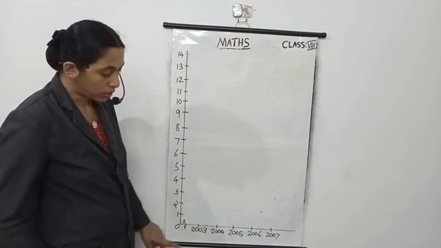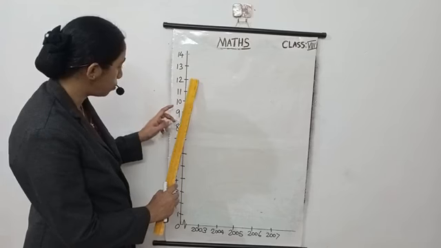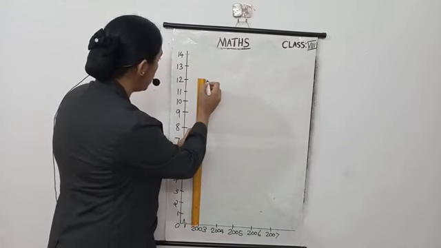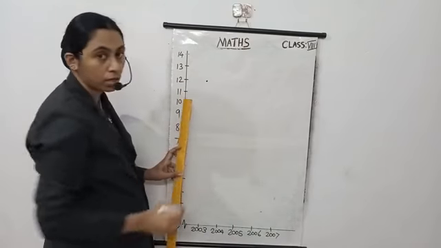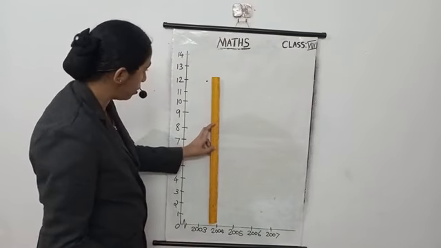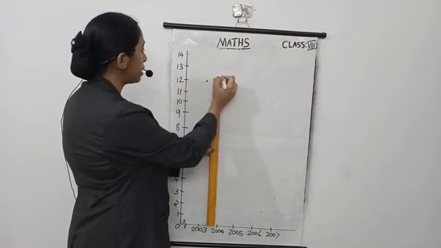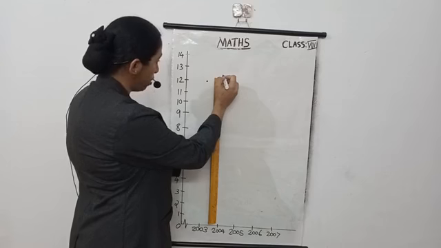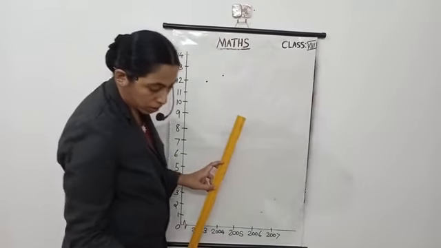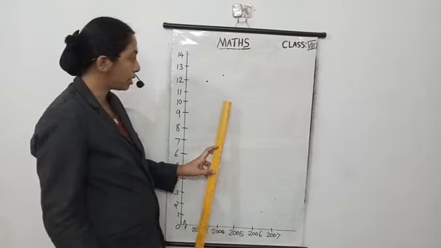So in 2003, 12,000. So corresponding to this, 2003, 12. Here make a point. Okay. Now 2004, 12.5. So 12.5 is between 12 and 13. So here a point. Now next is 2005, 13.